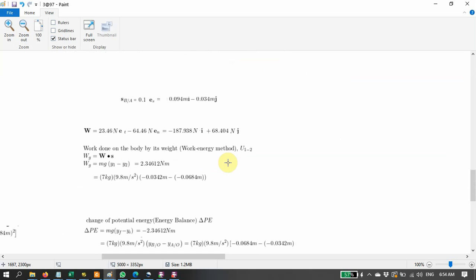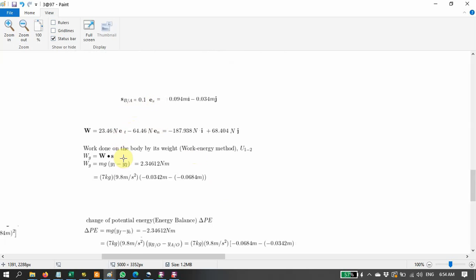Now we want to look at the amount of work done on the body by its weight using the work energy method, right? So we are considering the position where the body moves from A to B, and we've got in the S direction 0.1 meters.